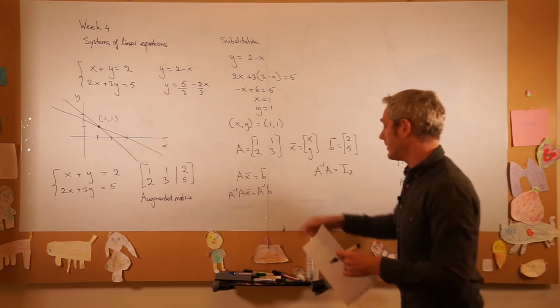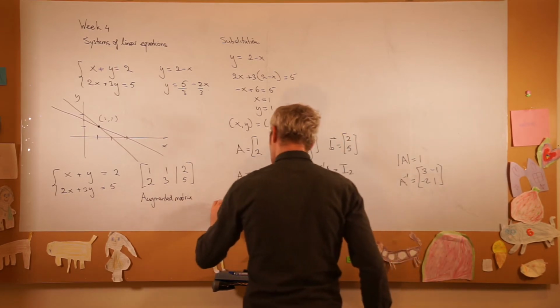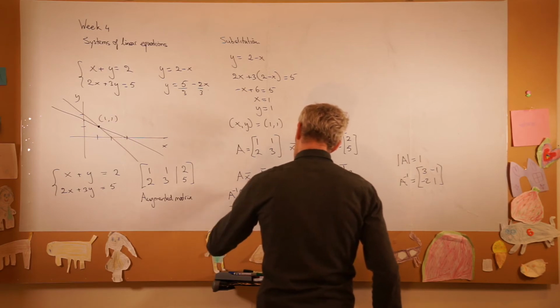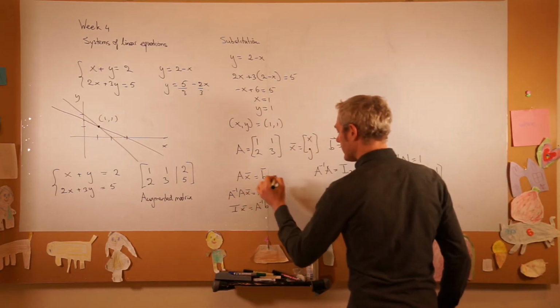But now I get this. I know that A inverse times A is equal to the identity matrix, and this is A inverse times B, where B is of course a vector.